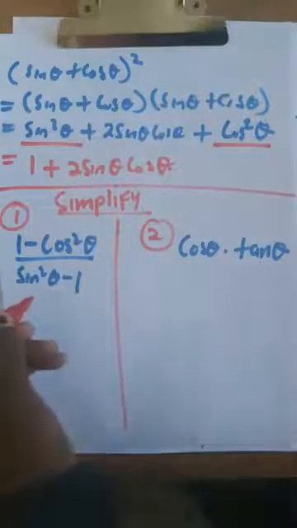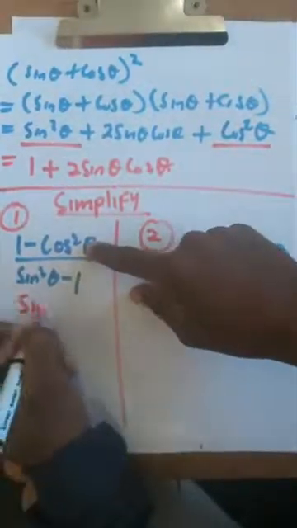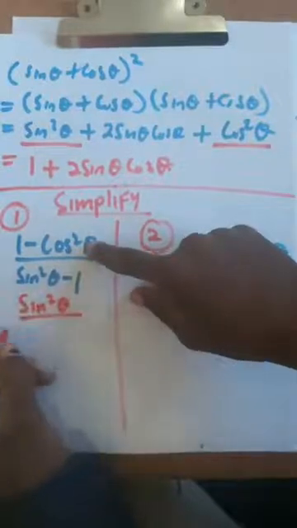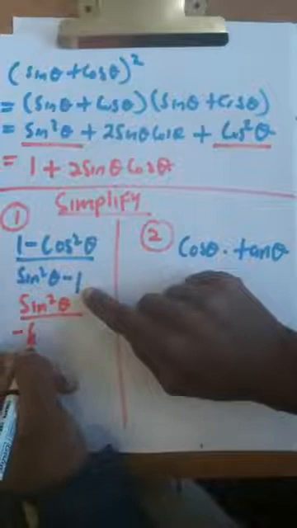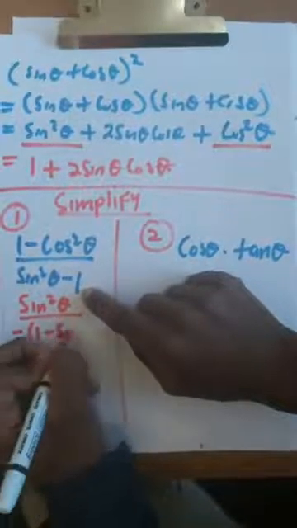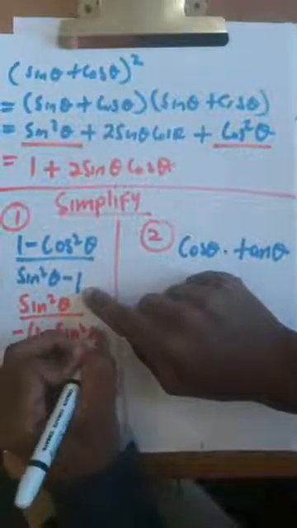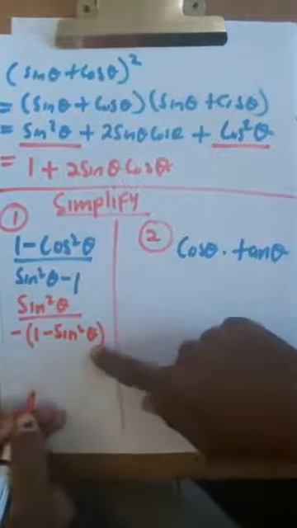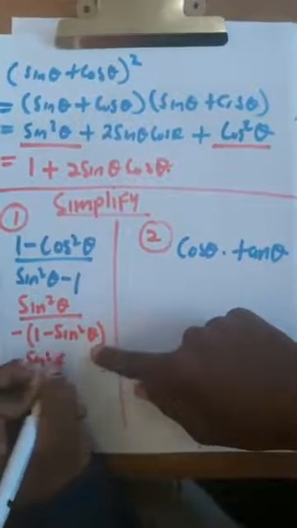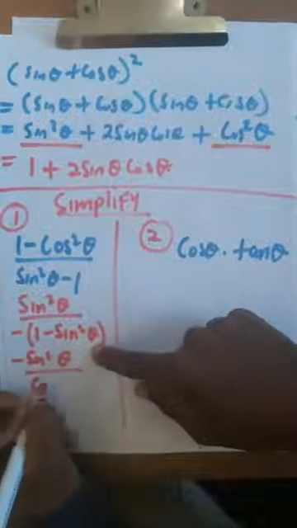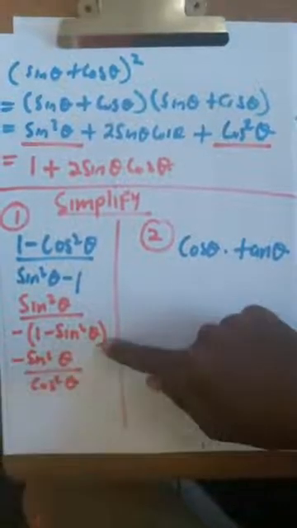Okay, so now let's say we have this one. This one you can see is the same as minus sine square of theta. Then you take out the minus, and you have 1 minus sine square of theta, remember? Then you get one identity: cos square of theta, so minus sine square of theta divided by cos square of theta.